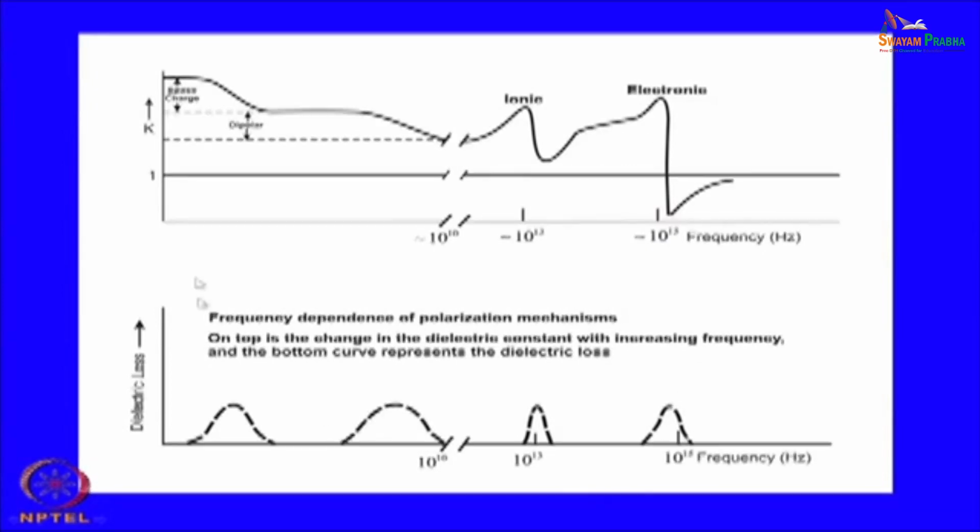So, this is the additional information in this particular picture compared to the previous picture. On the top is the change in the dielectric constant, or the polarizability, which is basically proportional, with increasing frequency, and the bottom curve represents the dielectric loss. So, this is a typical frequency dependence of dielectric behavior of different materials.